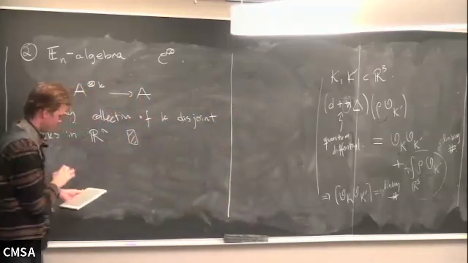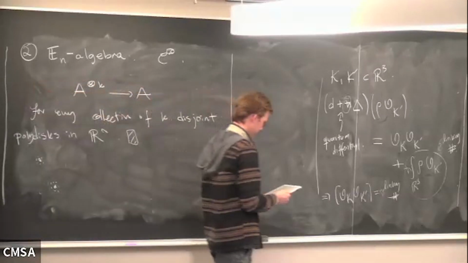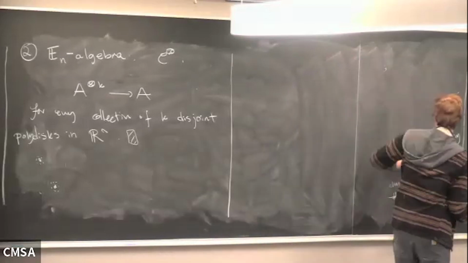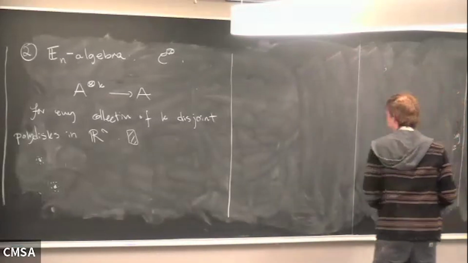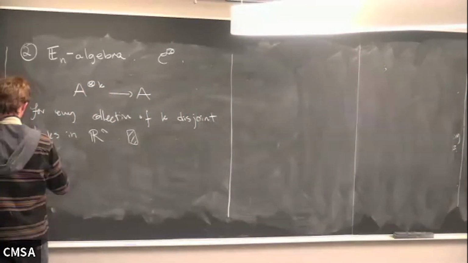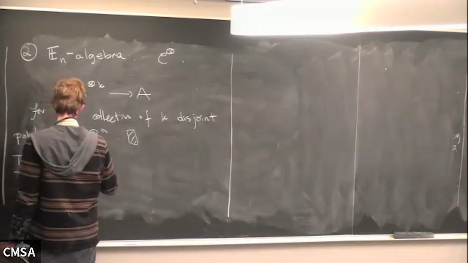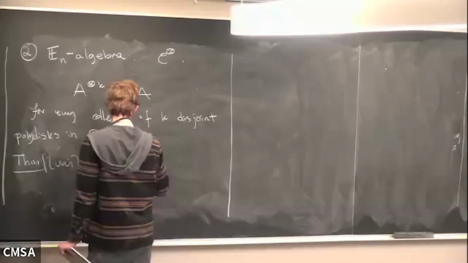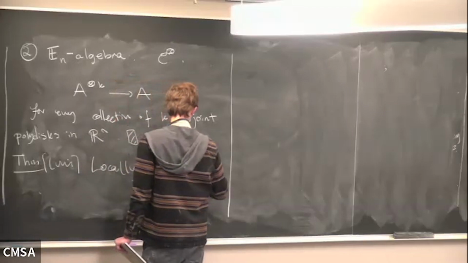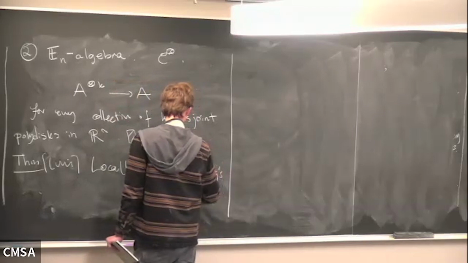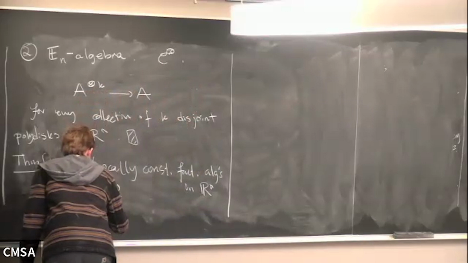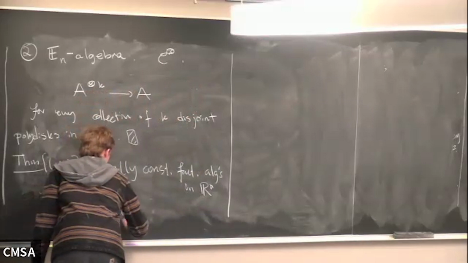The way I'm writing this looks very similar to the structure I had before. And this is a theorem of Jacob Lurie that locally constant factorization algebras on R^n are the same as these objects here, these E_n algebras.